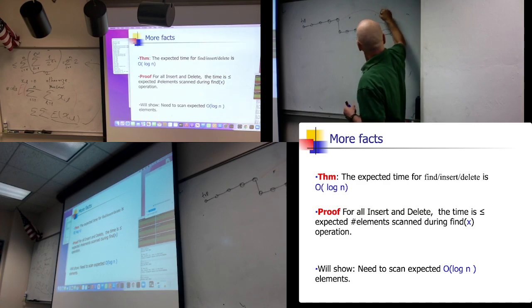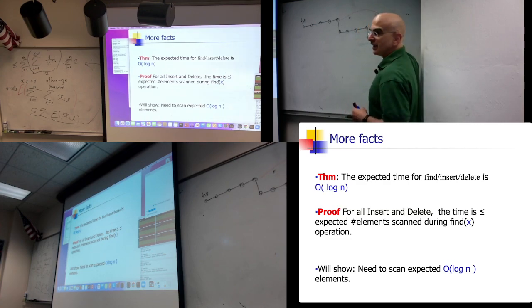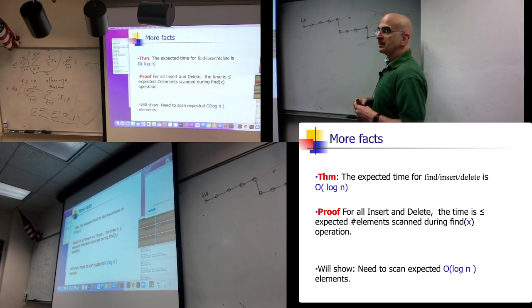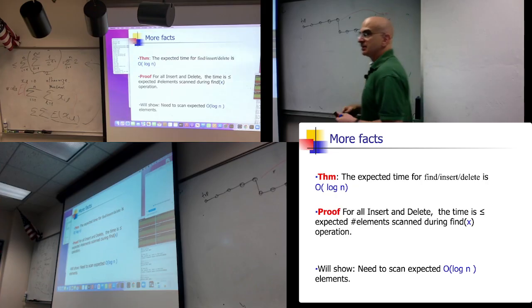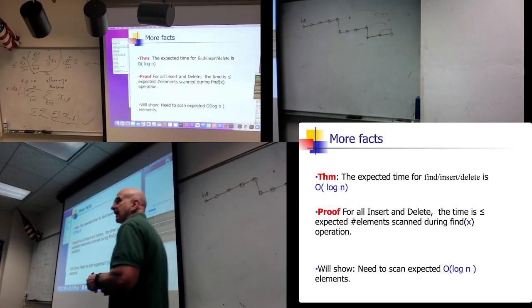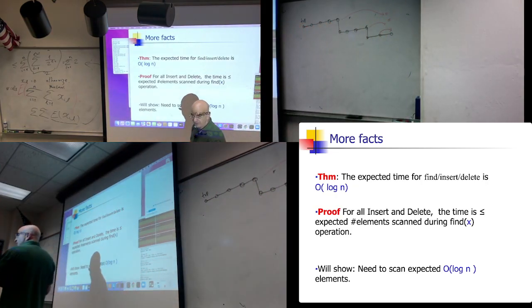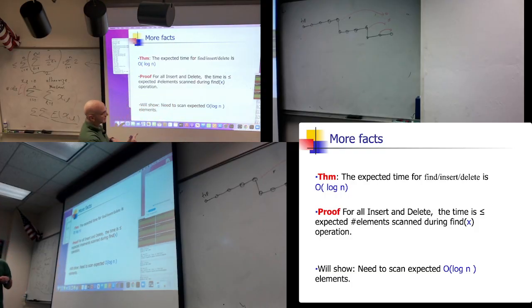Maybe this one as well during a deletion operation. Just the opposite of insertions, but that's just constant time per level. So once I convince you that there are log n levels, then obviously the total time for updates is 1 per level. So that's not where the bulk of the work is.